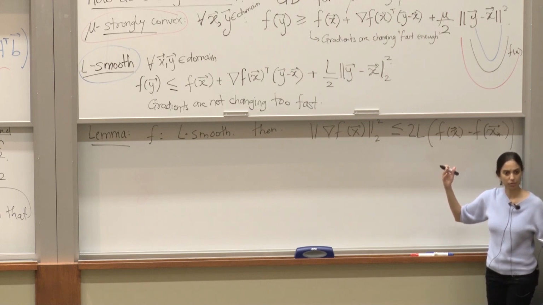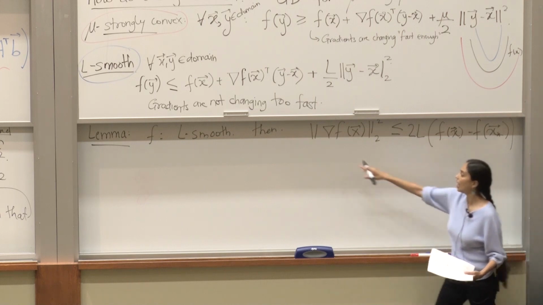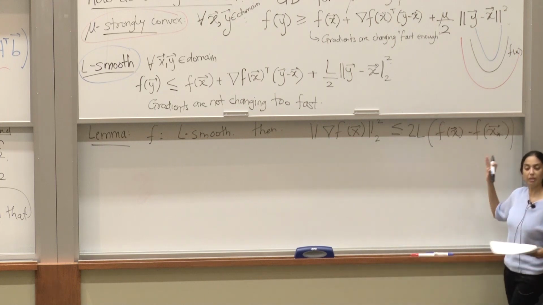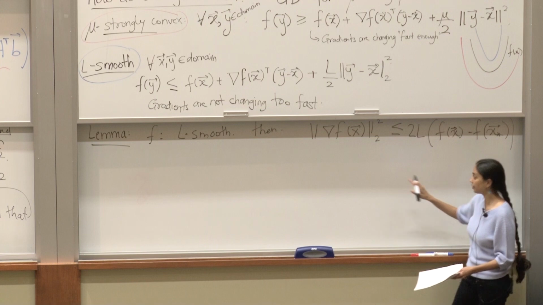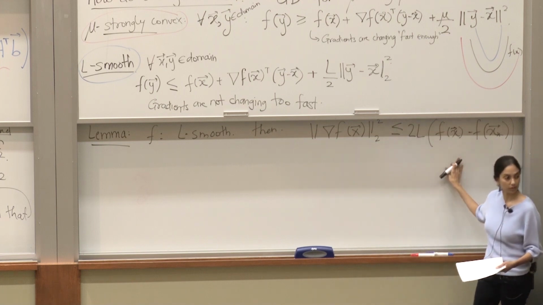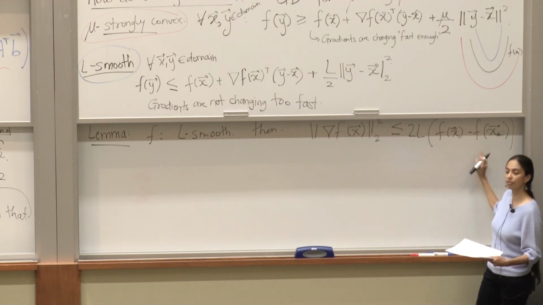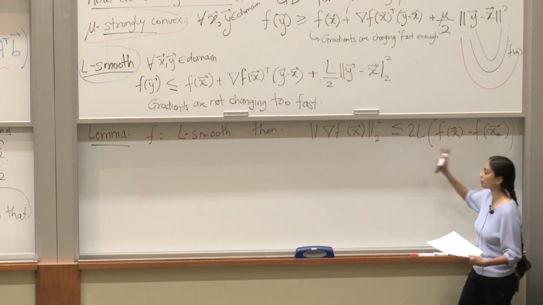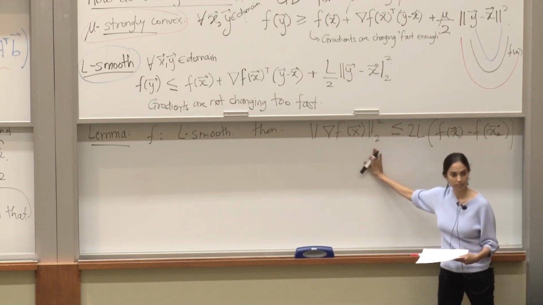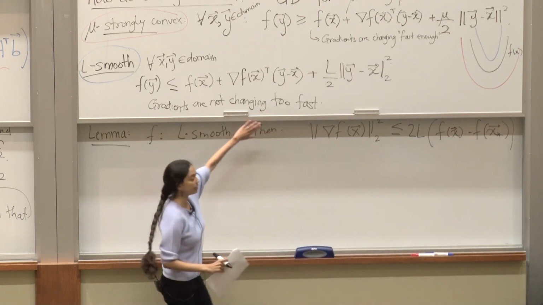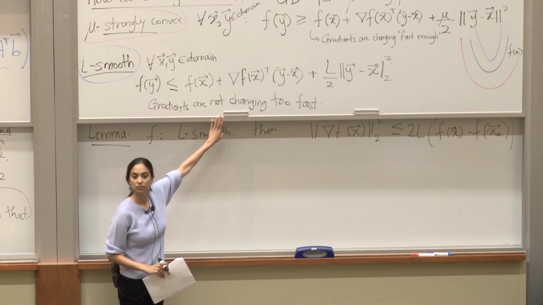Probably not, right? You probably want to take small steps, and so your gradient is small. But if you're very far away, then maybe larger steps are okay, and gradient descent will allow you to do that, okay? So as a function of how close you are to the optimum, your gradient is bounded, okay? And does everyone see how this is a way of saying that your gradients are not changing too fast?